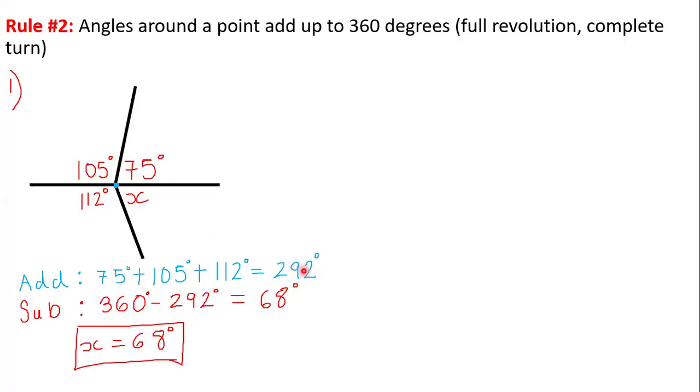And then we subtract that from 360, which gives us 68. And if we add them all together, we end up with 360. That's a very good point. If we add them all up together, we should get 360. That's a good way to check. Very good, Nalia.